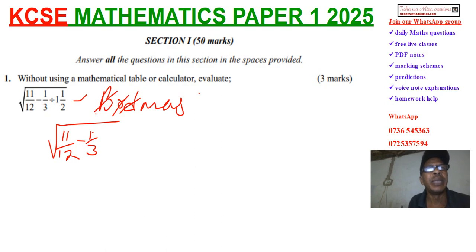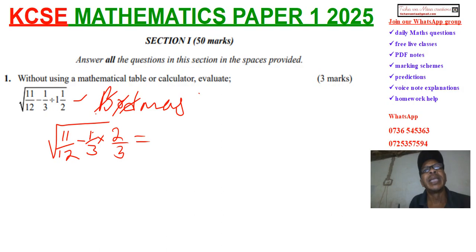It will be 2 times 1 is 2 plus 1 is 3, and we change the sign to multiplication, so it will be 2 over 3.